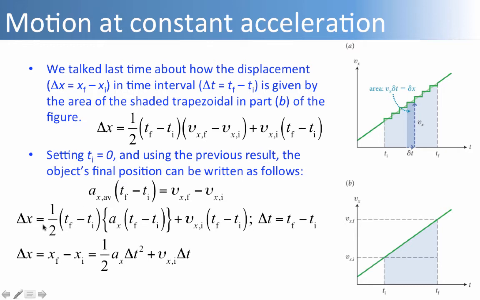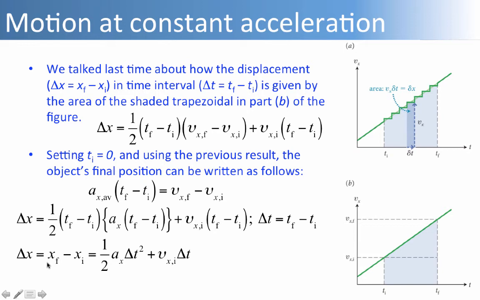So we've now got our delta x, same as x final minus x initial, is equal to 1/2 a times two terms of the t final minus t initial, which is our delta t squared. So this term times this term gives us delta t squared, plus v initial times delta t.